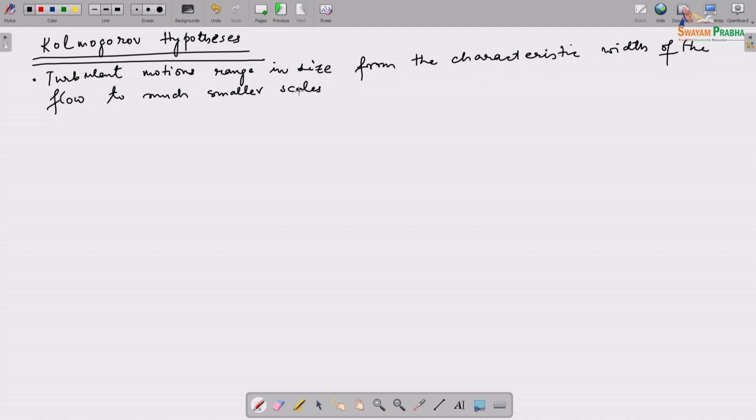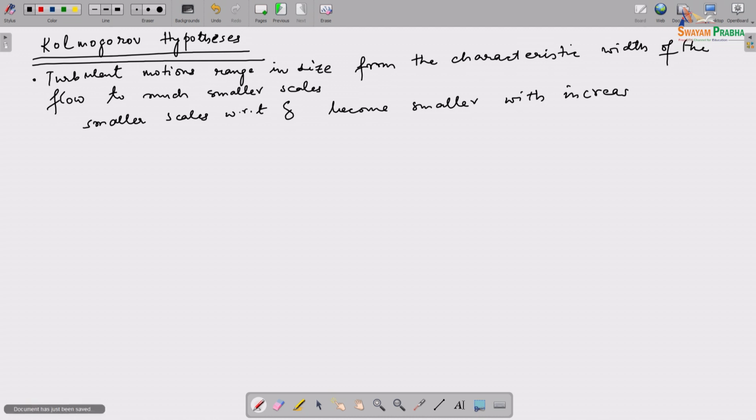Well, they keep becoming smaller with increase in Re, with respect to the characteristic length. Okay.